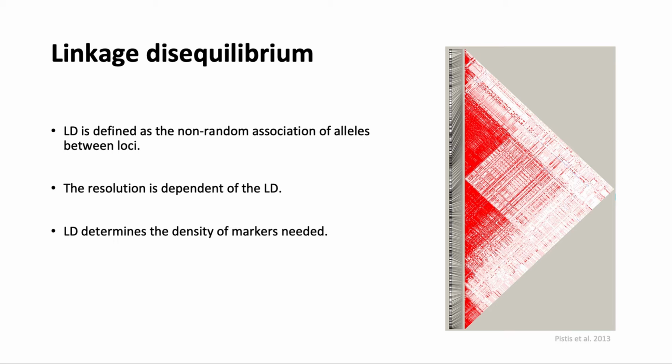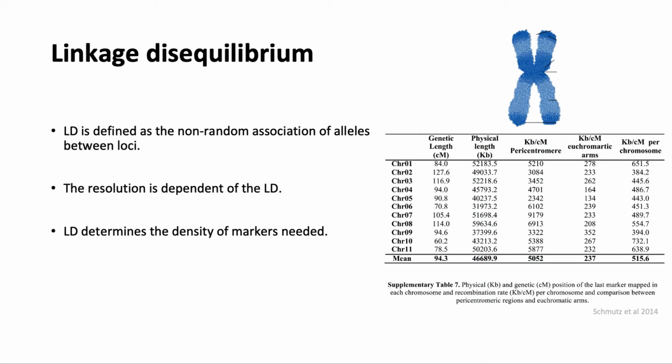And if you remember, in the first video we talked a little bit about the pericentromeric region, which is the region around the centromere. So here in this graphic, this is a chromosome, and the dark blue region represents the pericentromeric region.